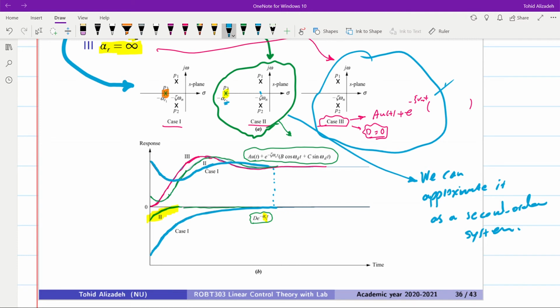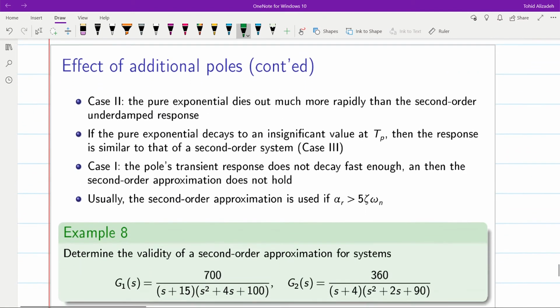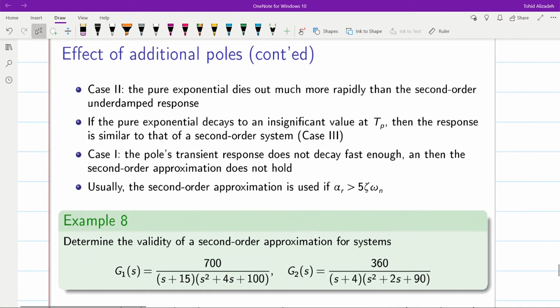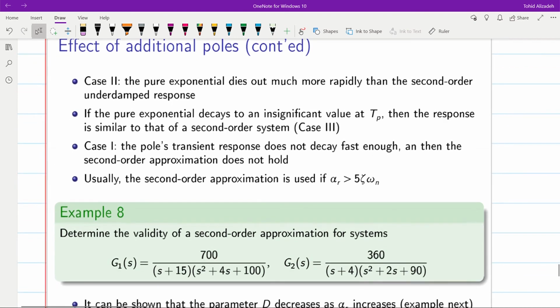But for the first case, for case 1, we cannot have such an approximation. We will see that this additional pole has some effect. Which kind of effect does it have? It will have some kind of delaying effect, as we'll see in the next slide.